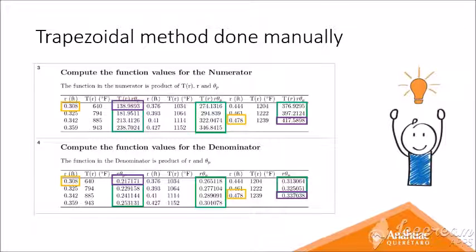The yellow cells in the table are the delimiting values of the integrals, both for the numerator and the denominator. The purple cells are the first and the last values of the results of the formulas of the numerator and the denominator, and the green ones are the values obtained by the formulas without counting the first nor the last value evaluated.